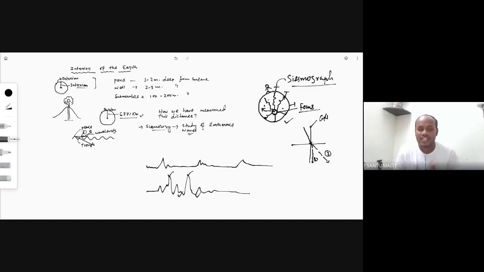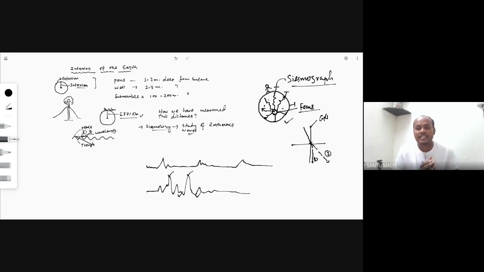Now, what is seismology? Seismology means the study of earthquake waves. Now, what is an earthquake? An earthquake means a sudden vibration of the earth's surface due to the bursting of energy. The place from where the earthquake originates is known as the earthquake focus.